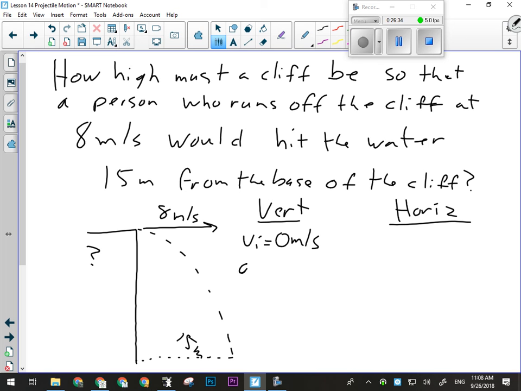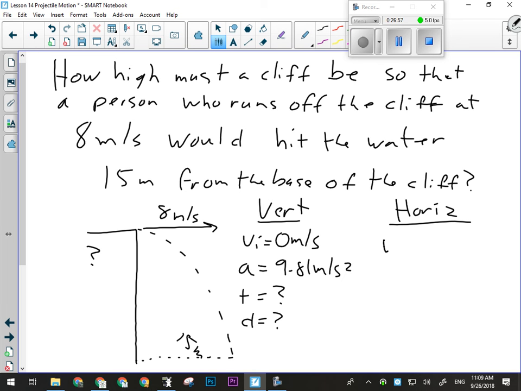Their acceleration is going to be 9.81 meters per second squared down. I'm not going to make that negative because it doesn't change directions. It's all down, so I'm just going to make down positive for this one. I don't have the time and I don't have the displacement, but I need both of those things vertically speaking.